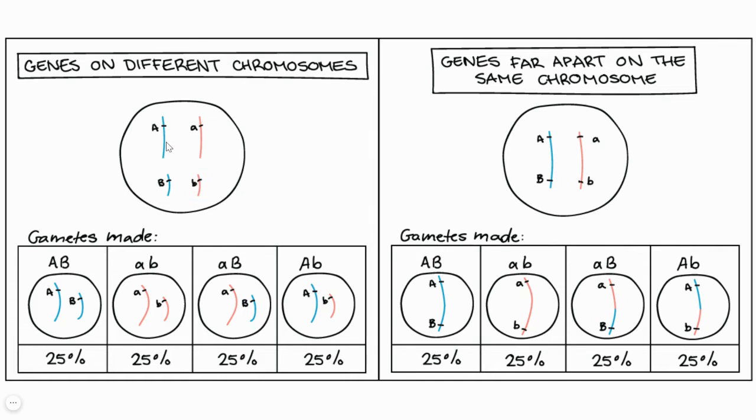Only homologous pairs cross over. So in the first case, the recombinants are present for a different reason, that is the law of segregation, and in this case the recombinant gametes, these two, are found because of crossing over and chiasma formation in meiosis 1.